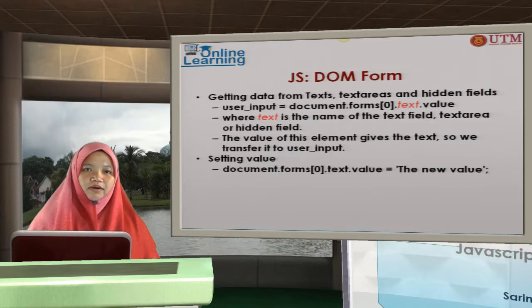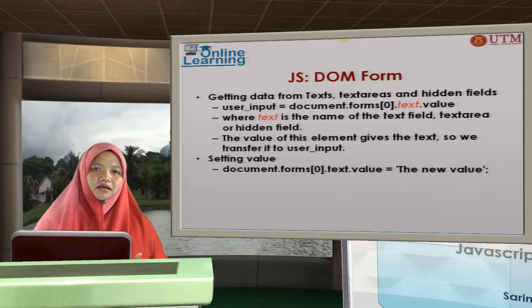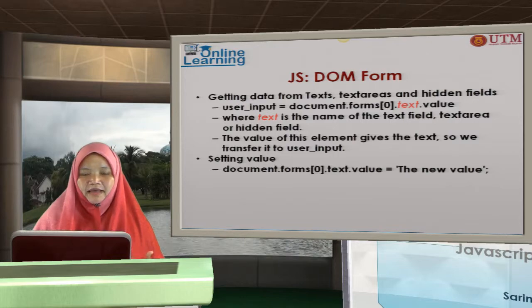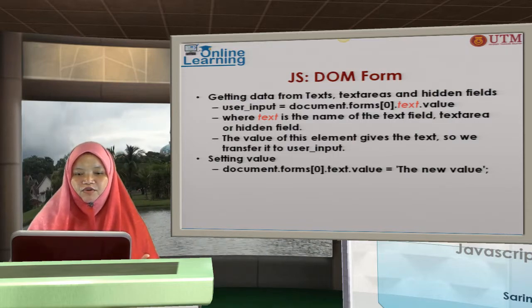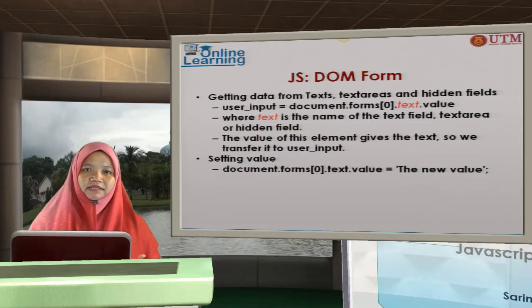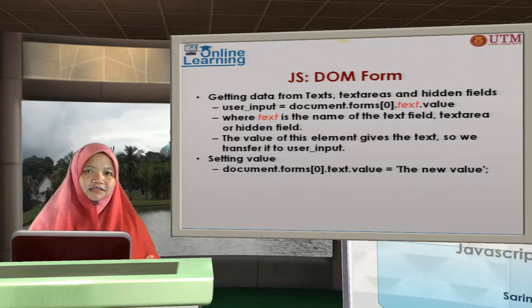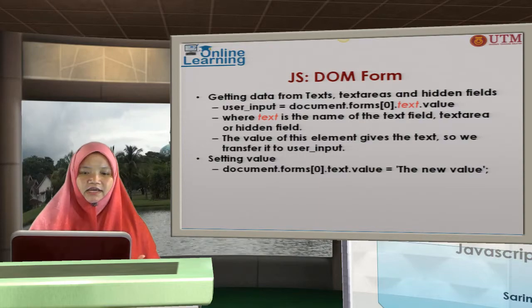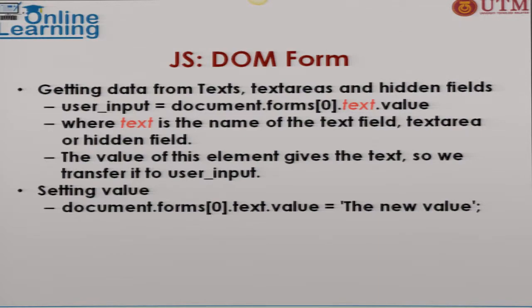The next one, you have to know how to get the data by using the form. For example, if you want to get your data from text, text areas, or hidden fields, you have to include user input.